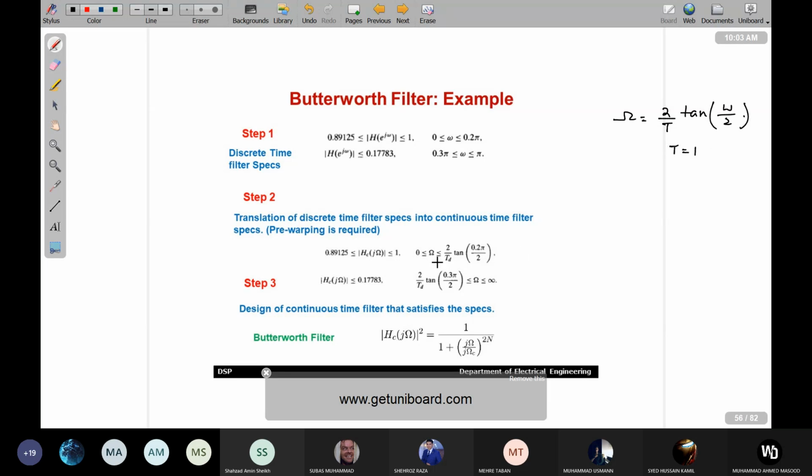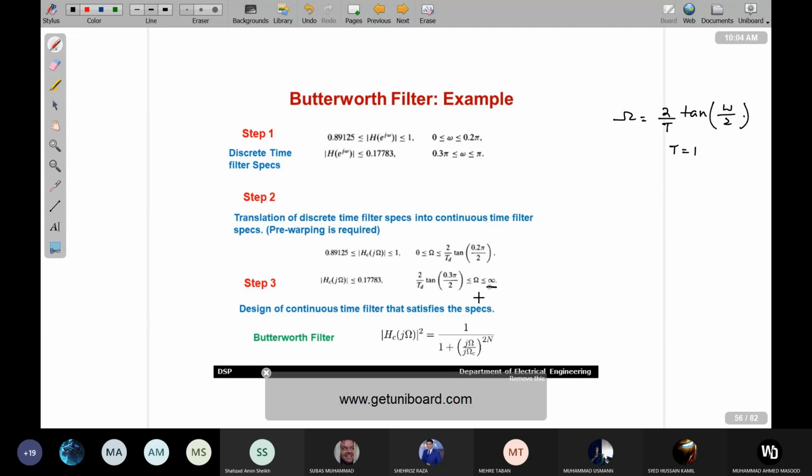As a result of that, now we are talking about this capital omega. So omega 0 gives 0, and here, 2 over T tangent 0.2 pi over 2, because you have taken this 0.2 pi, gives 2 tangent 0.1 pi. And similarly, the stop band specification is 2 over T tangent 0.3 pi divided by 2, and omega is greater than that, lesser than infinity.